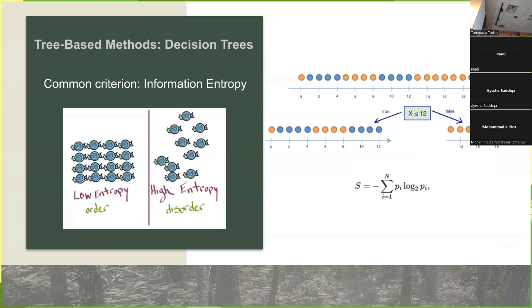And when the particles are all over the place, which is very messy, the system has high entropy. We can calculate the entropy using this formula, which is the negative sum of the probability of balls being classified correctly times the log of the probability. And in the machine learning process, we iterate through many choices and select the choice that leads to the least information entropy.